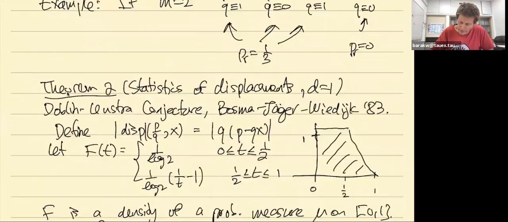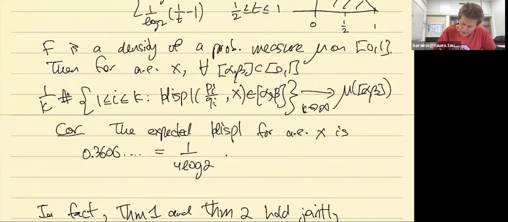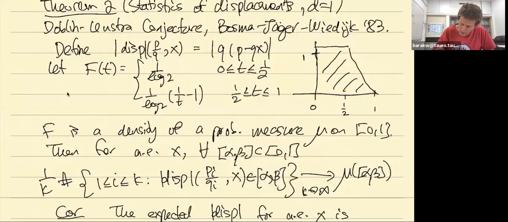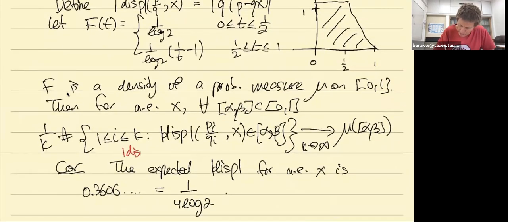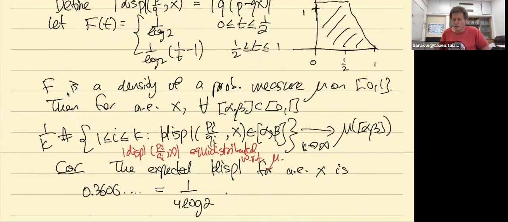And similarly here, I'll say that the displacement sequence equidistributes. I don't want to give a formal definition of equidistribution in a general metric space, but those of you who know it know that you can define it in terms of weak star convergence of sampling measures, and that's exactly what I'm doing here, but I just gave an ad hoc definition for now.